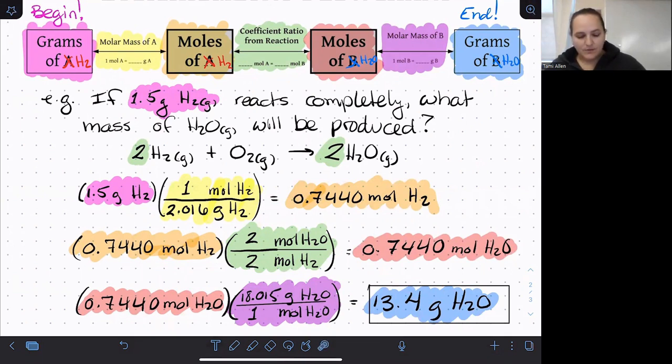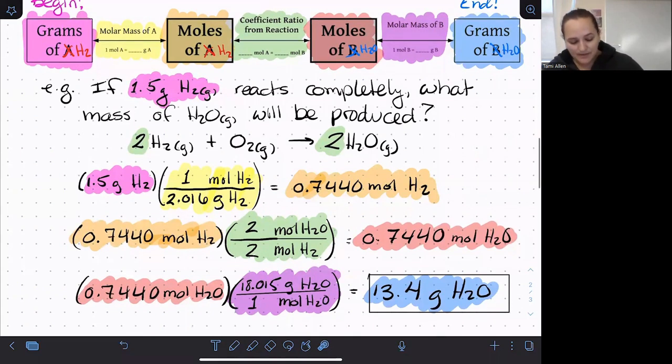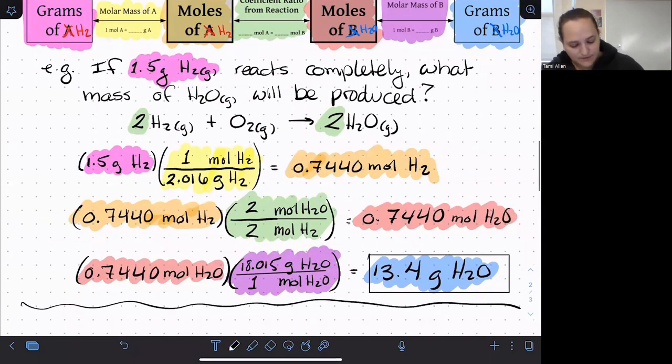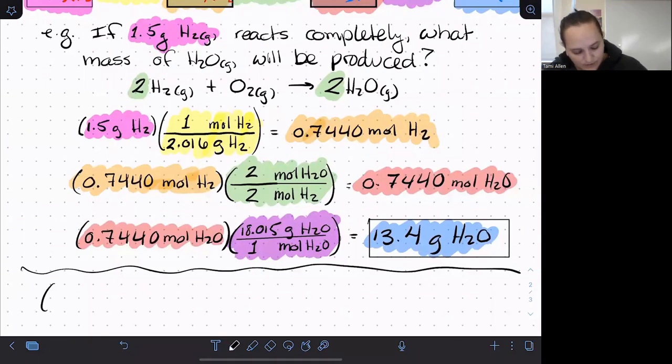So we can see that we're following the steps in order here, going through each of these conversions using the appropriate conversion factor. We could also write this out all in one step, and that would be totally fine, and we can see how everything cancels there as well. So we could do the exact same process in one line, starting with 1.5 grams.